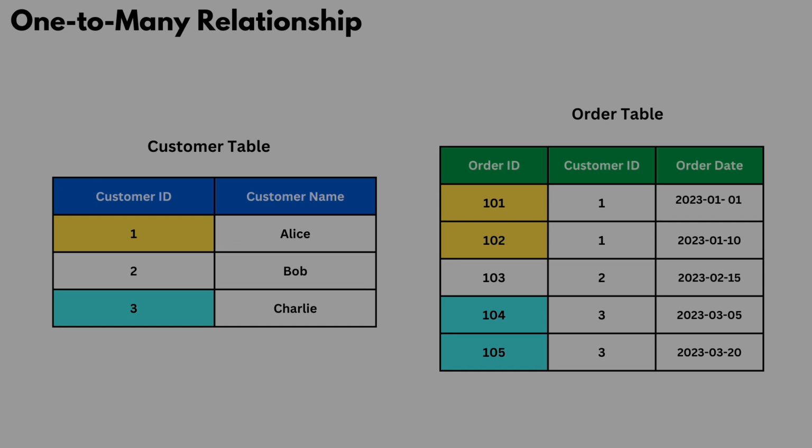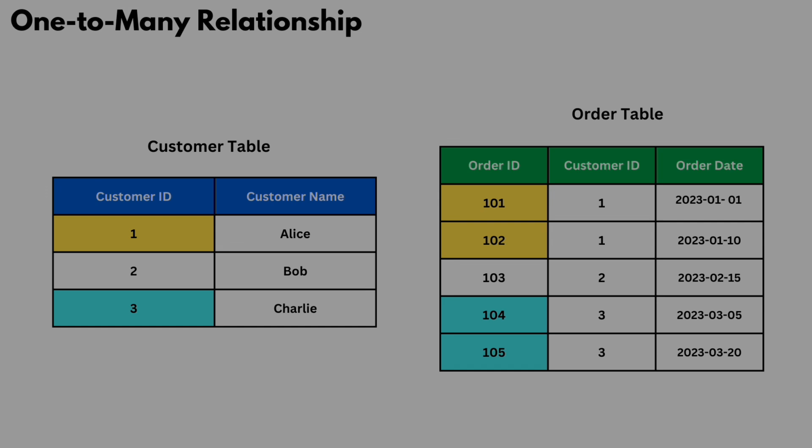Let's say we have two tables. Table A is a customer table with different information about the customers, and in table B we have the order information of those customers. When you look at customer ID 1, you can see that we have multiple orders, and the same thing applies to customer ID number 3.